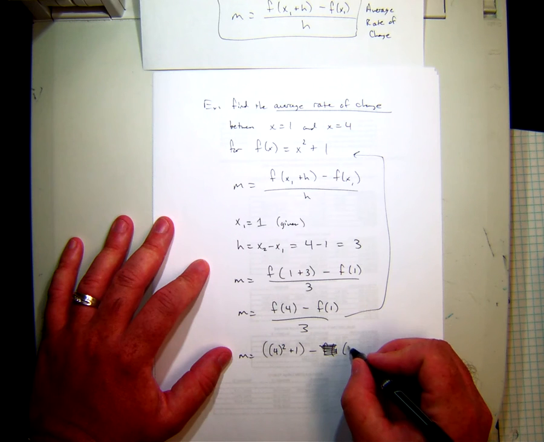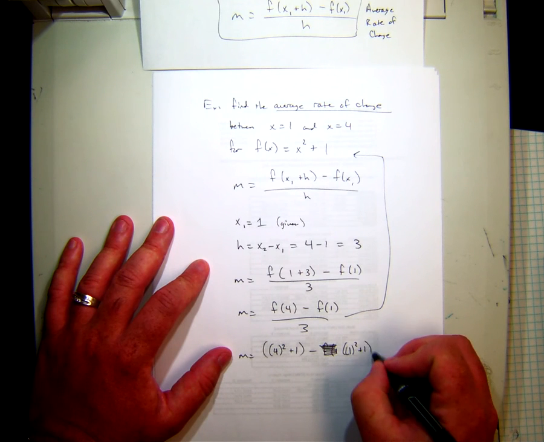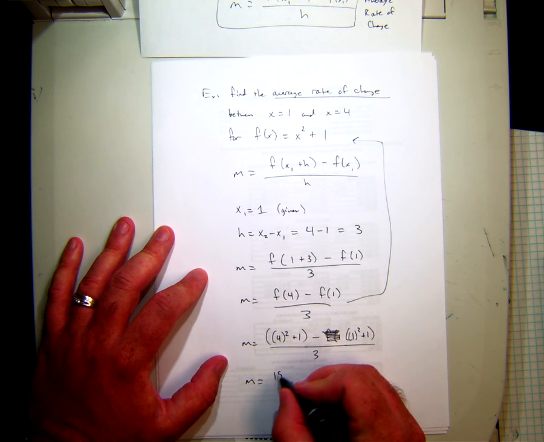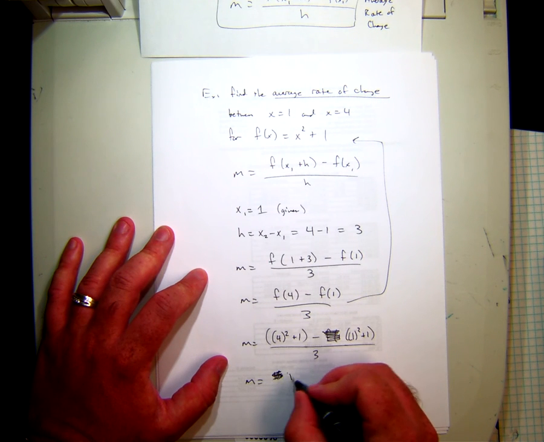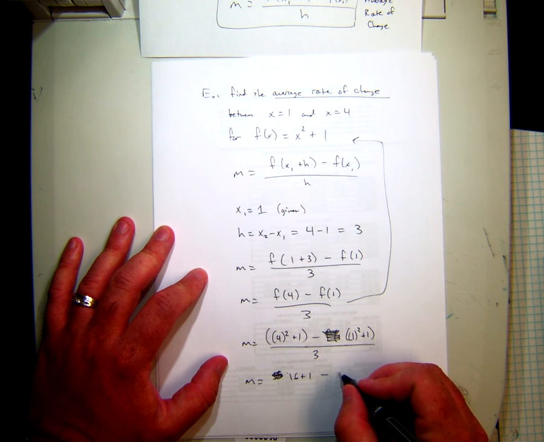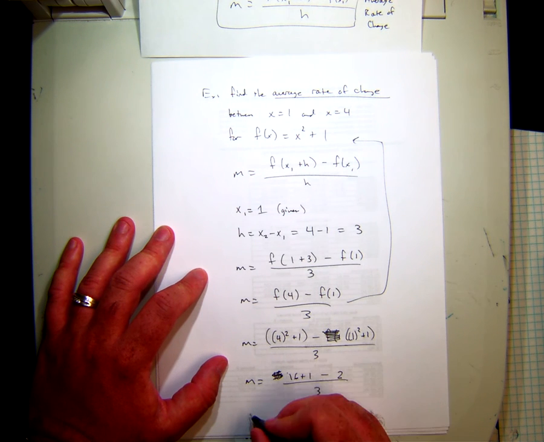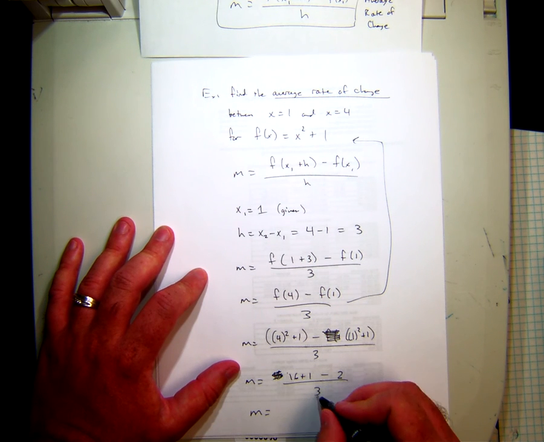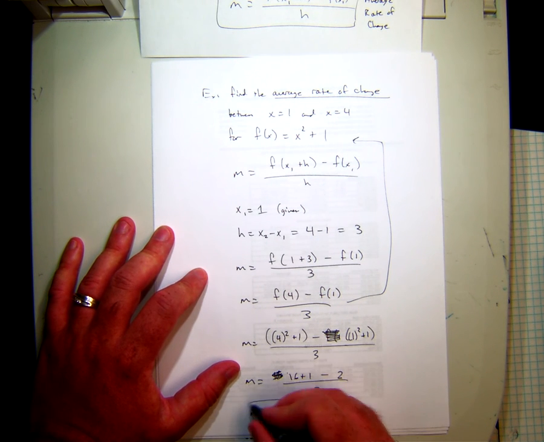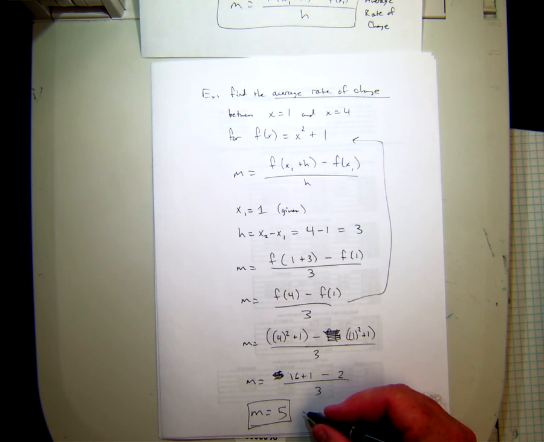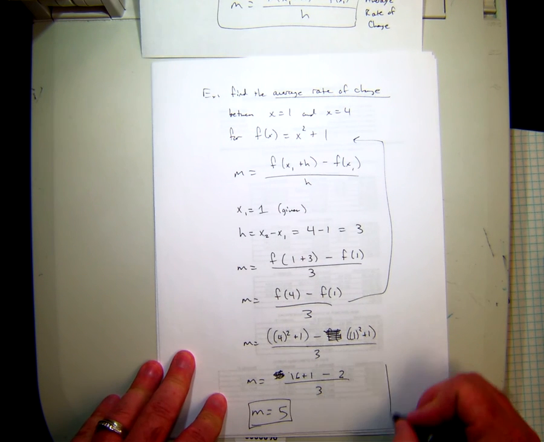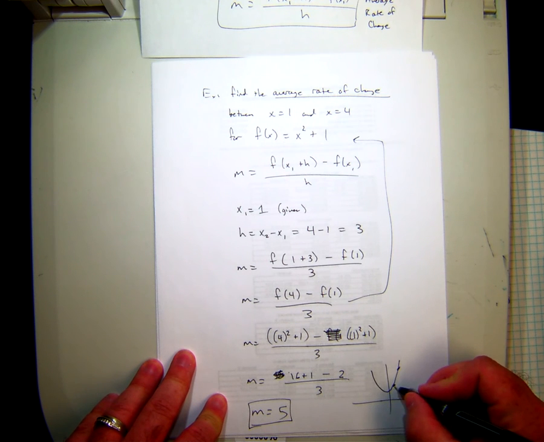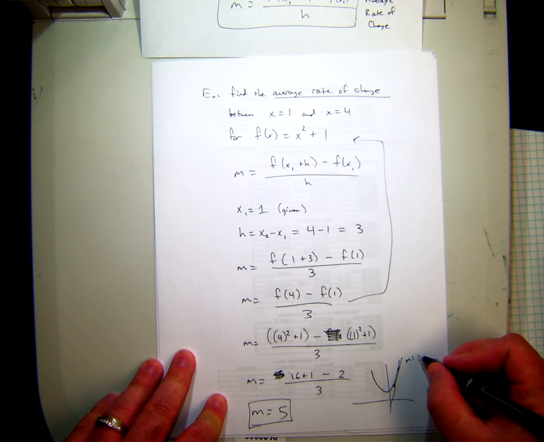Do this instead. 16 plus 1 minus 2, 3. And when you add this together, you get 15 over 3, which is 5. So what that says is the slope, whatever this function looks like, the slope between those 2 points is a slope of 5.